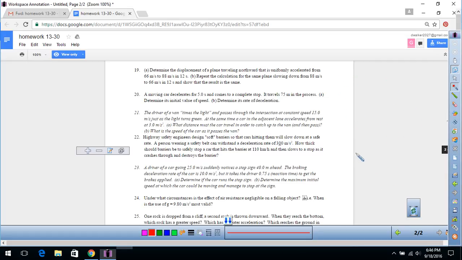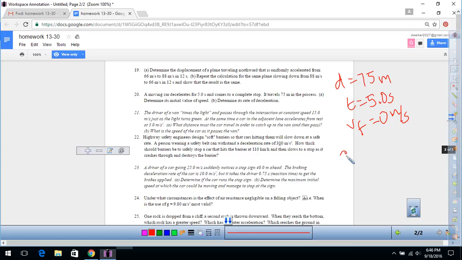Alright, let's find my little X. Okay, 20 says a moving car decelerates for 5 seconds, comes to a complete stop. 75 meters are traveled in the process. Find the initial speed and the rate of deceleration. Okay, piece of cake. So we know D, we know T, and we know VF. Alright, so we have D equals 1/2 AT squared plus VIT.